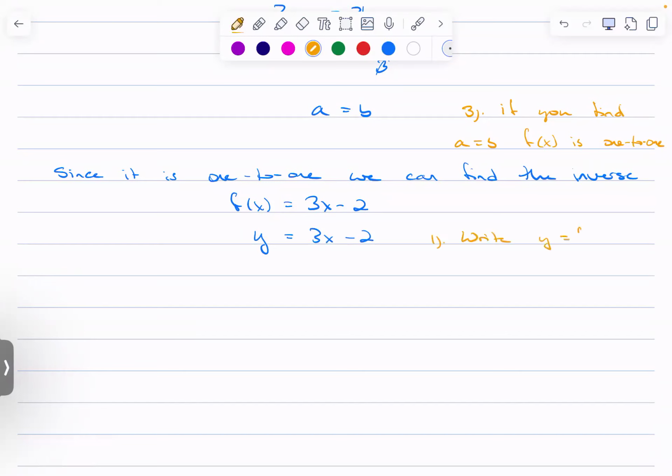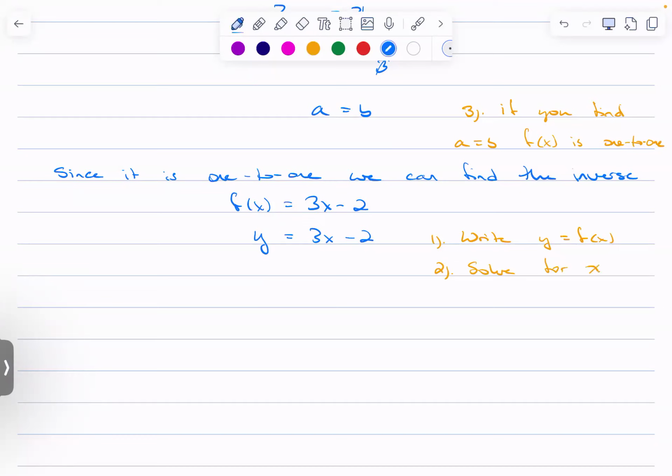Right, y equals f of x. Just replace it with y. Step 2: sometimes I like to swap the variables here, but you're going to solve for x in terms of y. Or just solve for x.